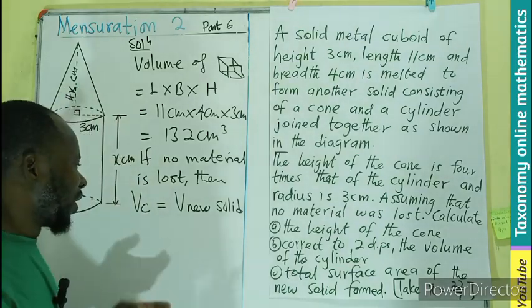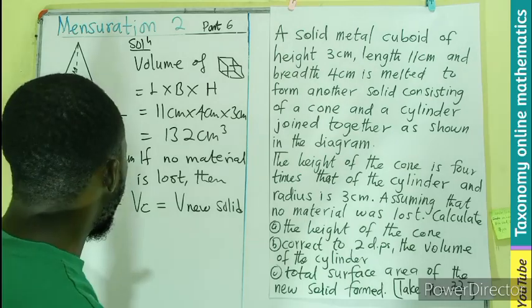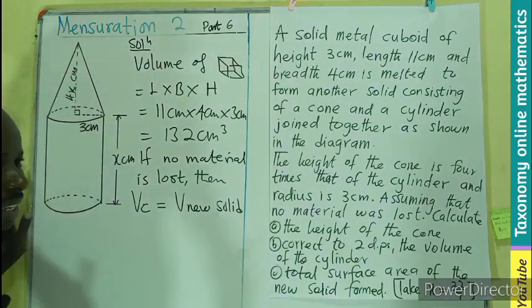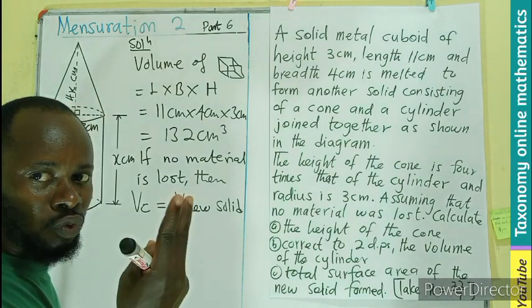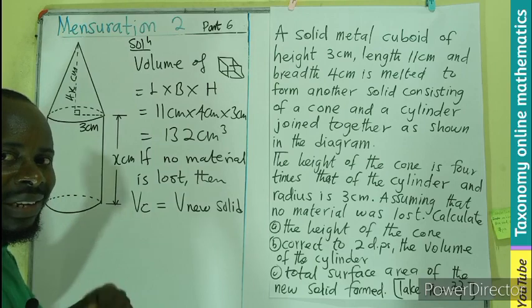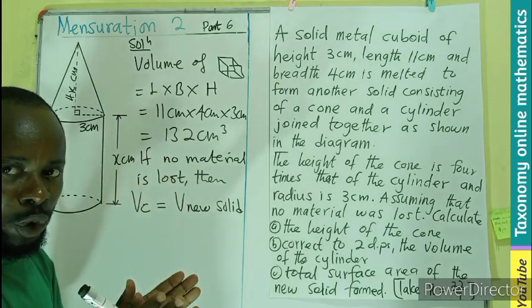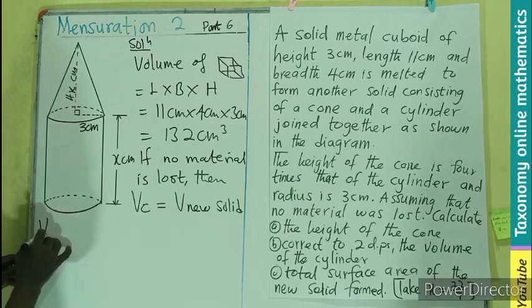Okay, so now the volume of this equals to the volume of the new solid. But how do we find the volume of the new solid? It is not a singular three-dimensional shape, it is two joined together. So the volume of the first one plus the volume of the second one give us the total volume of the new solid.